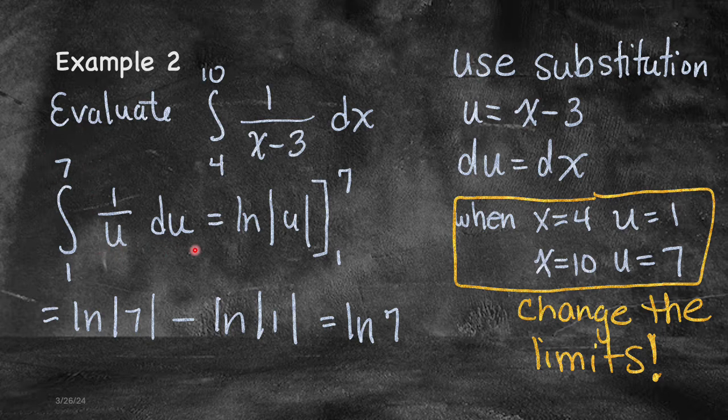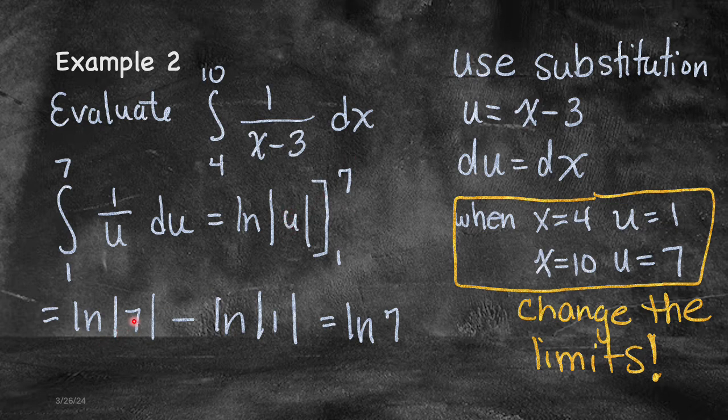So now we're going to go ahead and evaluate. When we find the antiderivative of 1 over u, we know that that's the natural log of the absolute value of u. And we want to evaluate that from 1 to 7. So first we're going to plug in 7.